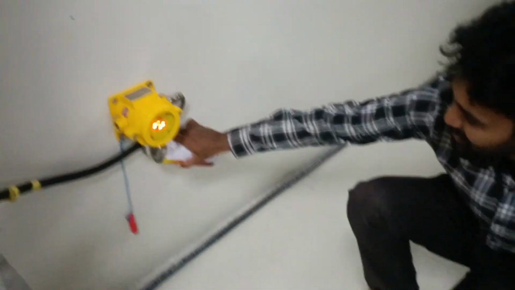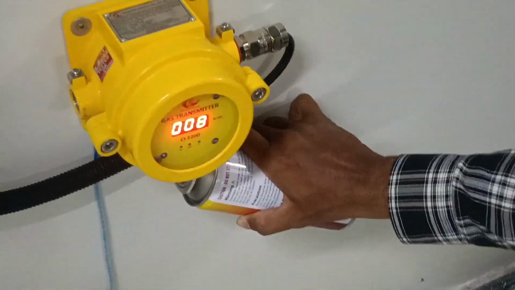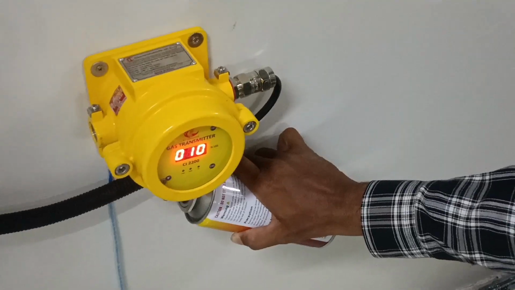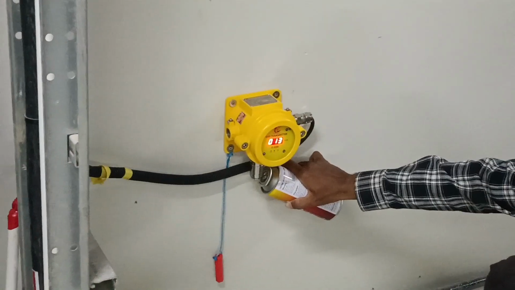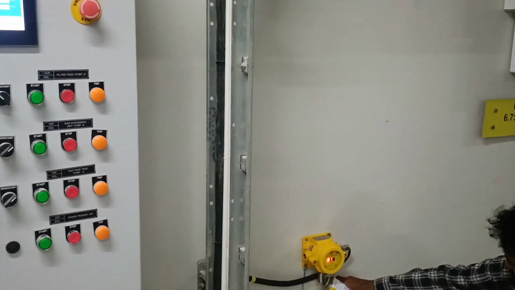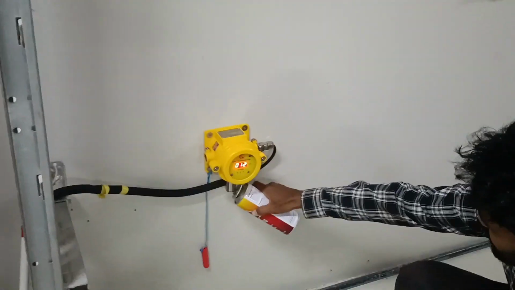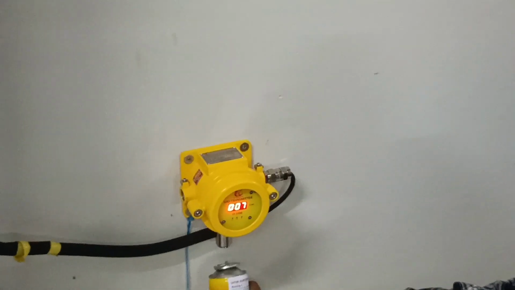Gokul, if it increases to 20, then it will start the alarm. Now it is 10. If the methane exceeds 20, then it will start the hooter. Now it is at 12 but it is reducing. I think gas is not releasing.